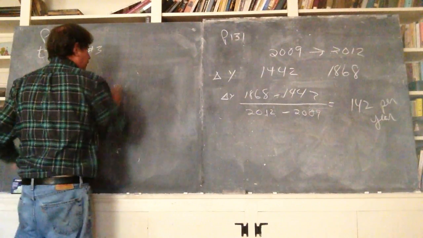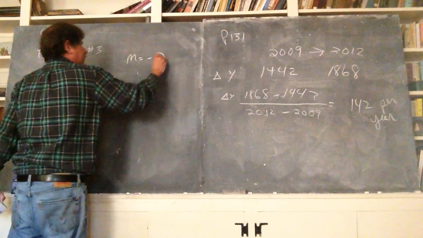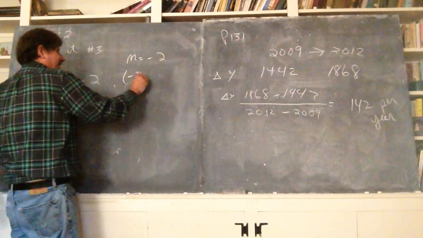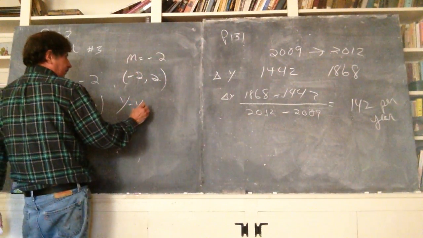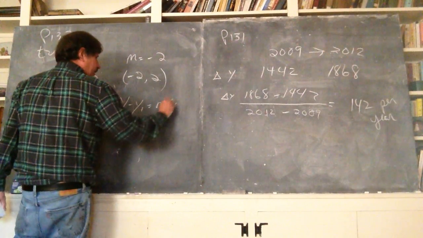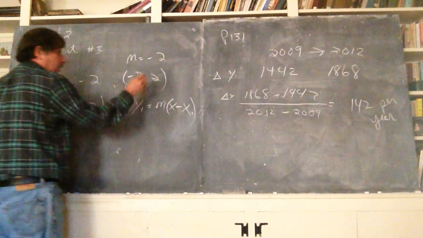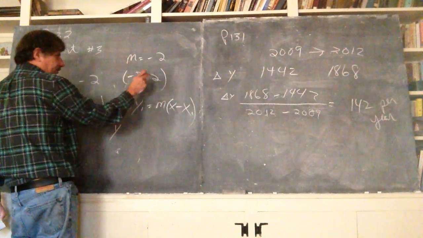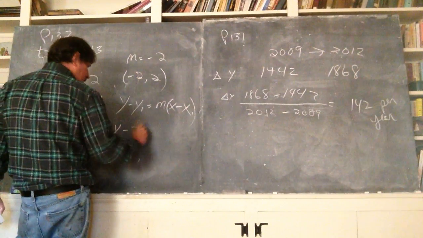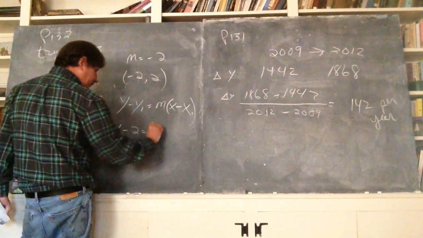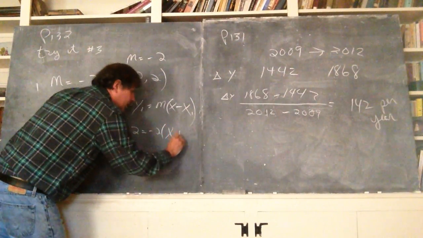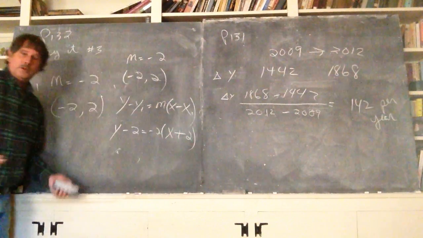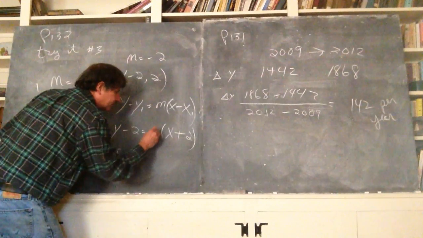So we have a slope of -2, we have a point, (-2, 2). Point slope formula: y minus y1 equals m times x minus x1. There's the m, so y minus 2 equals -2 times x minus -2. Notice the plus, please. That slope is -2, right?